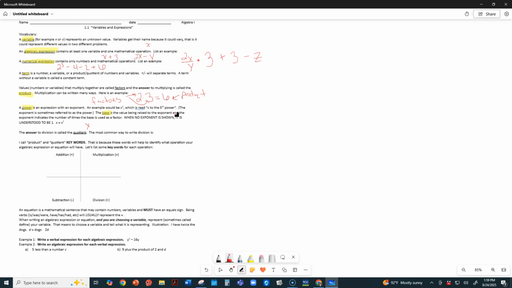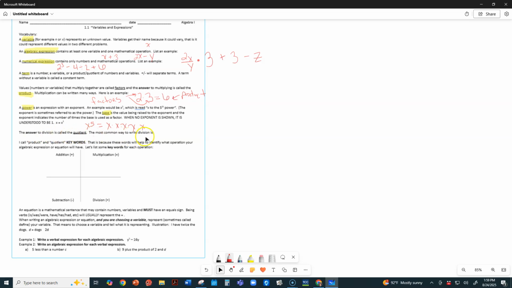But what does x to the 5th power actually mean? A power is just repeated multiplication. X to the 5th power means x times x times x times x, 5 times. And here they're reminding you that if you don't see an exponent on a variable, it's an understood 1. I call it Ninja 1.